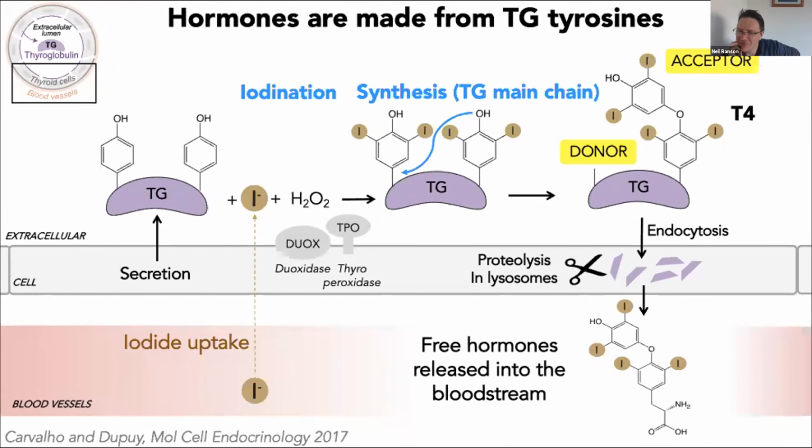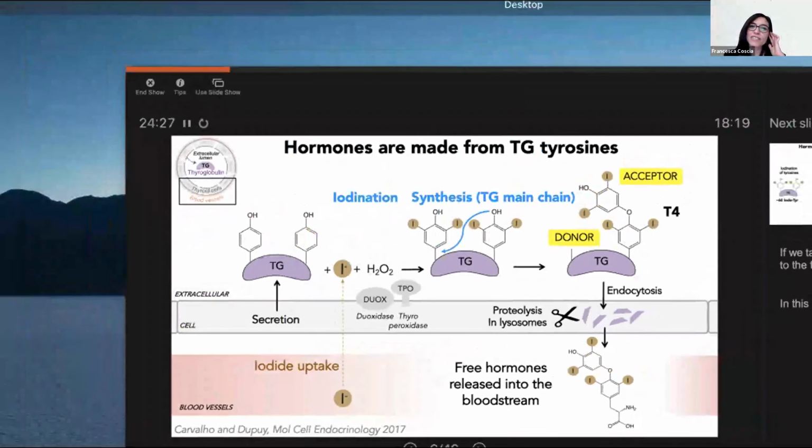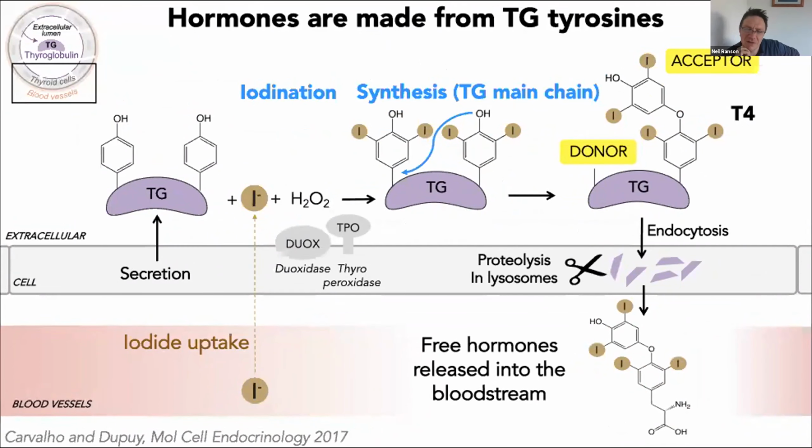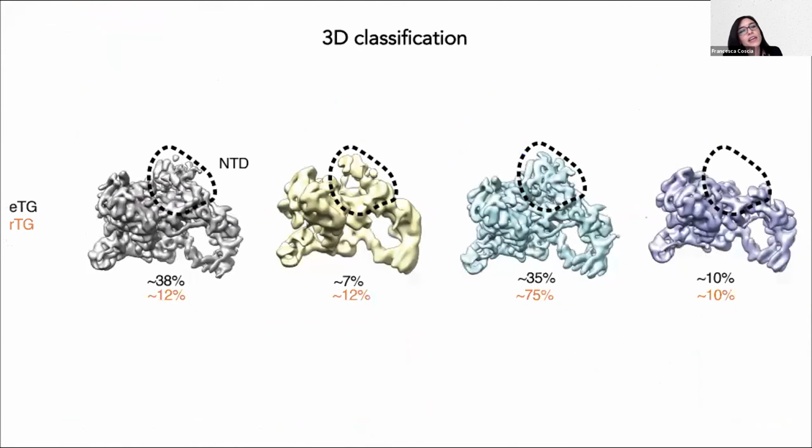So there are some questions in the chat. First one from James is, was there much conformational heterogeneity in your data that you classified away? Yeah, there was some, and it was mostly in endogenous thyroglobulin. So here's a 3D classification, after the symmetry expansion.